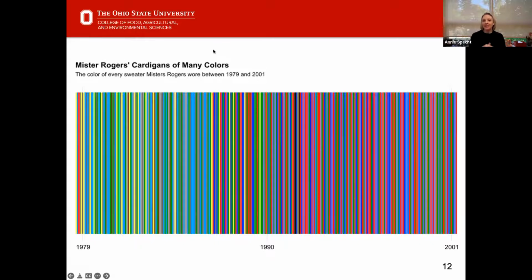So here you can see some patterns emerging in the color stories that he used. And he started out with lots of greens and blues and yellows, and then moved into these kind of warmer colors as the show moved on. So these are ways that we can tell some really interesting stories without using words.